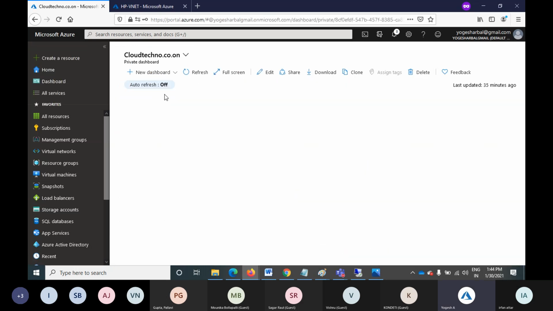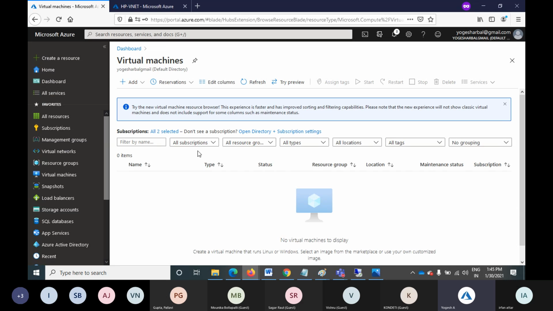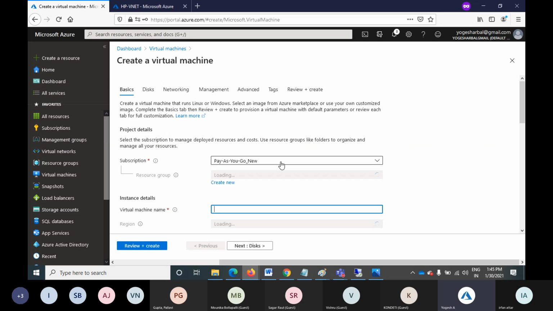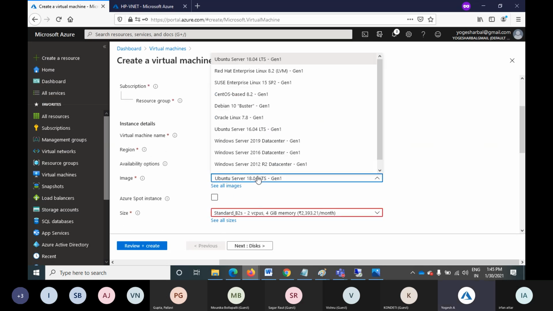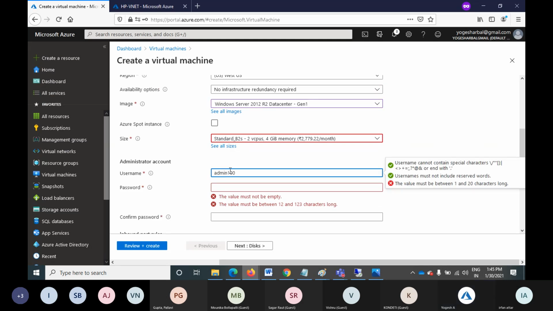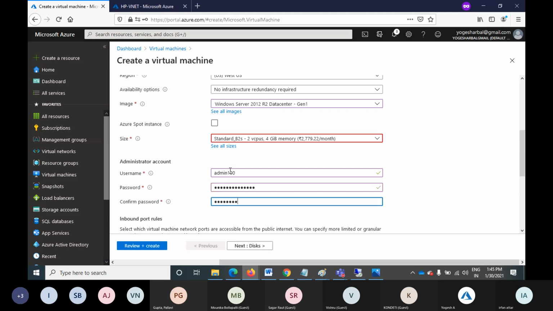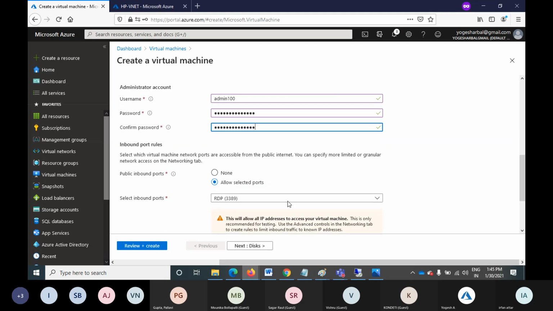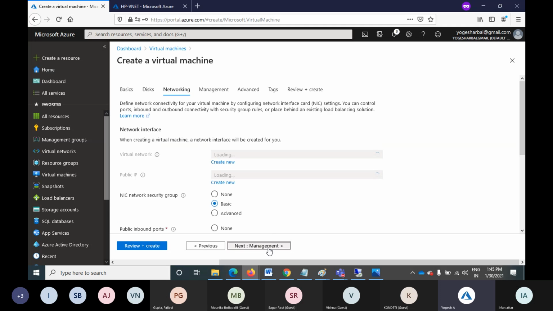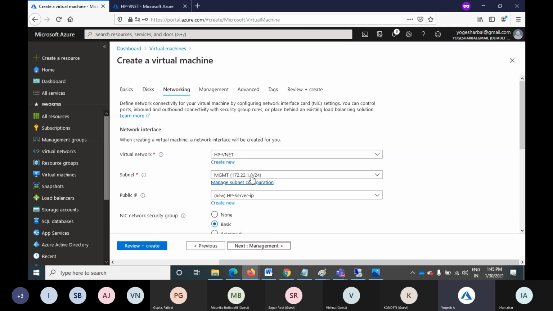Let me try one more time. Go to the HP VNet and management subnet.